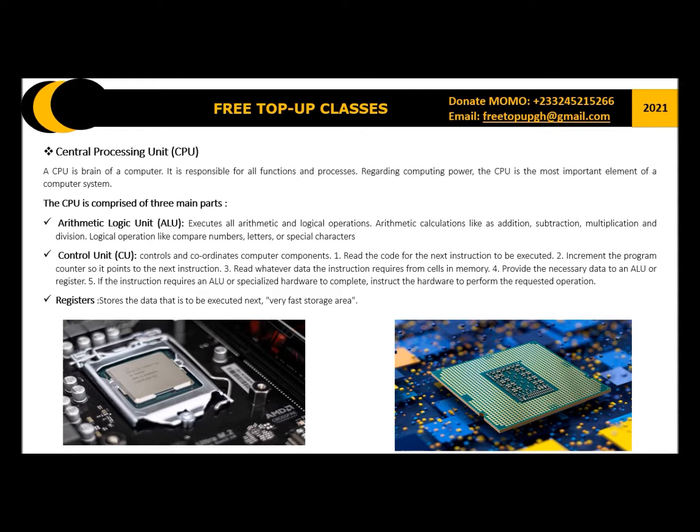We identified that hardware is the physical aspect that we can see and touch. The peripheral devices connected to the computer are examples of hardware, and we mentioned a lot of them.